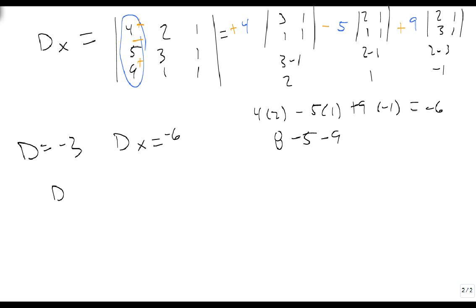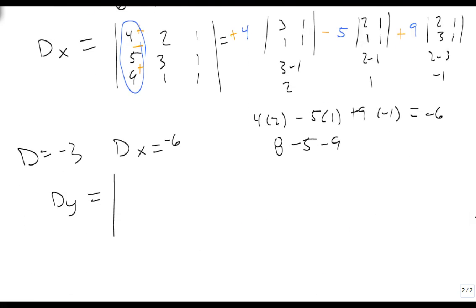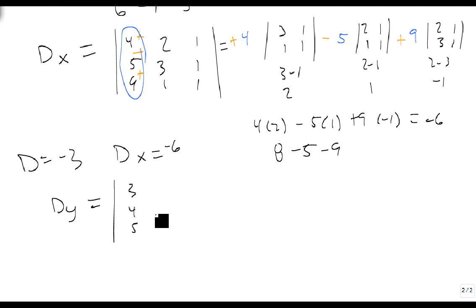We'll move on to Dy, which, if you remember, started as 3, 4, 5. We're going to replace this with 4, 5, 9, and 1, 1, 1. This is still my ugliest piece, but now the signs change. It goes plus, minus, plus, minus.